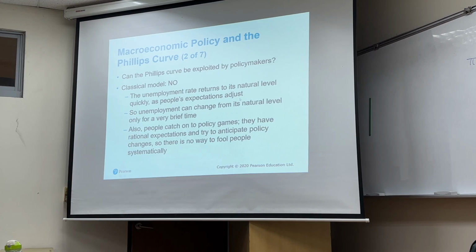So basically, that is the reaction of the market. Any factors changing will change their expectations, and they change their behavior as a result. So there's no way you can change anything. The last part says, people catch on to policy games. They have rational expectations and try to anticipate policy changes. So there's no way to fool people systematically.